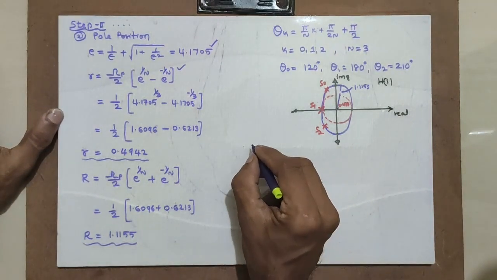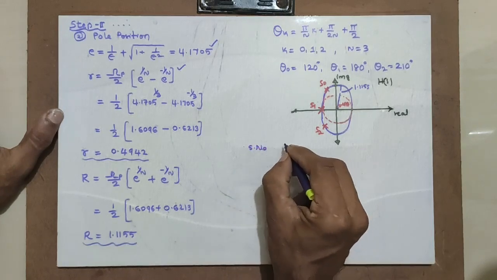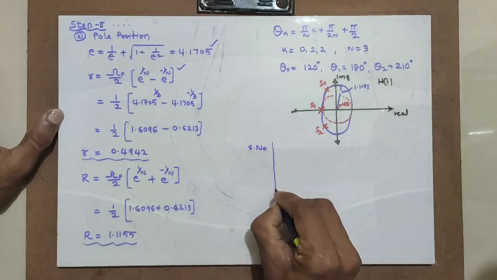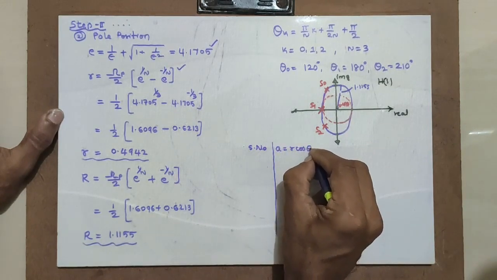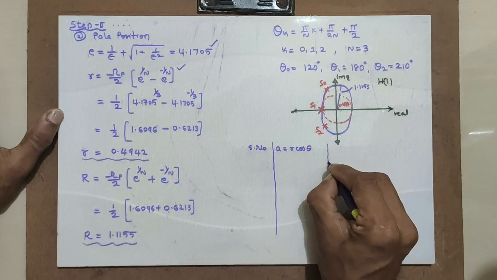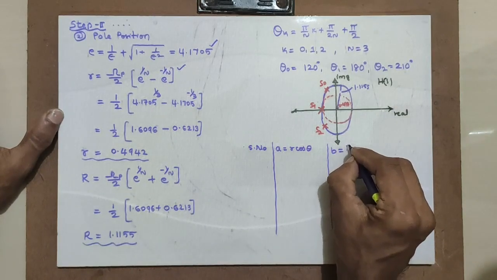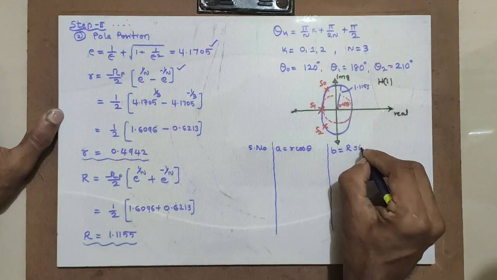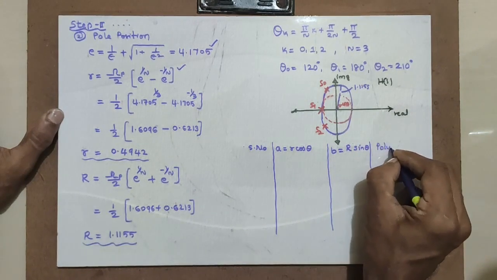For that I will make a serial number, and A, which is equal to R cos theta, and B, which uses the major axis, R sin theta, and the corresponding polynomial.